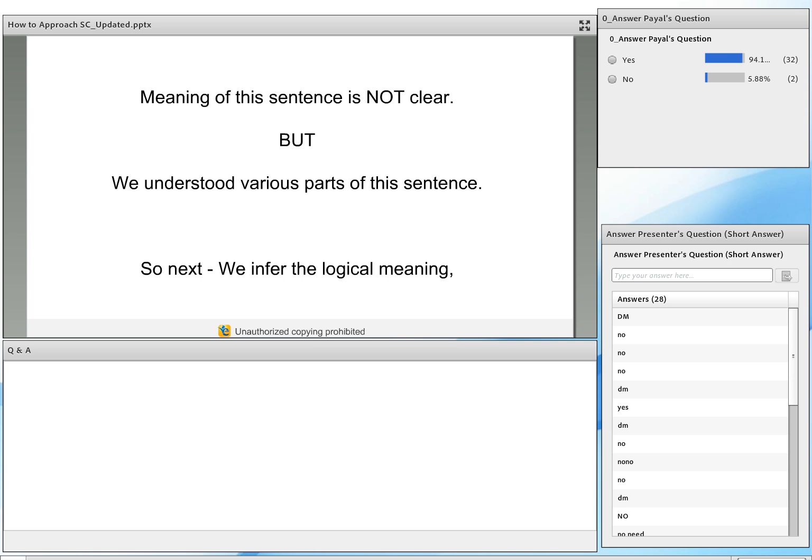Until you have a complete understanding of the logical meaning that the author wants to communicate, I don't want you to be taking a look at the answer choices. Answer choices will not give you a clue. Yes, in easy questions they may, because those questions are by nature easy, but in difficult questions, they will confuse you even more. Okay?